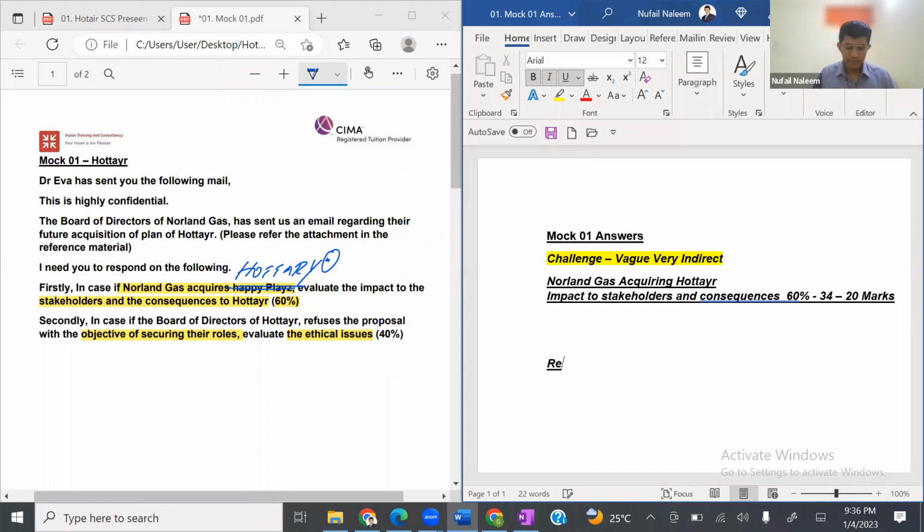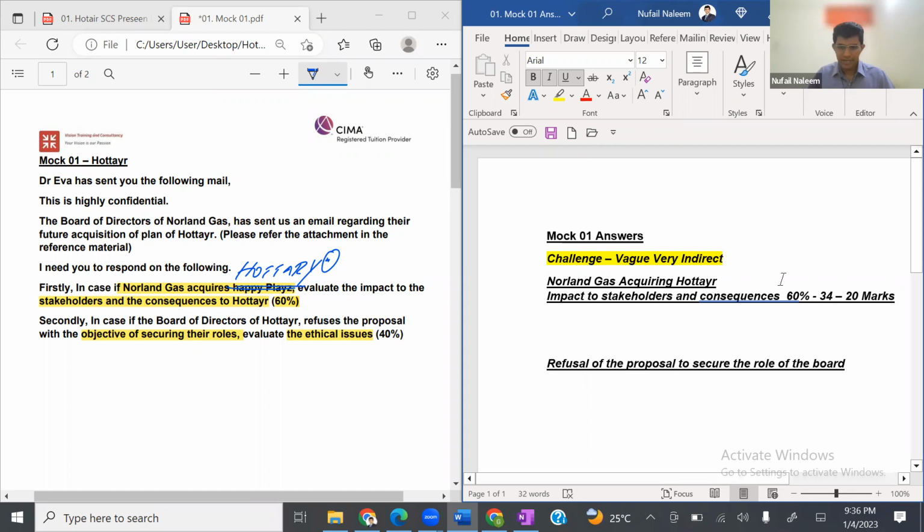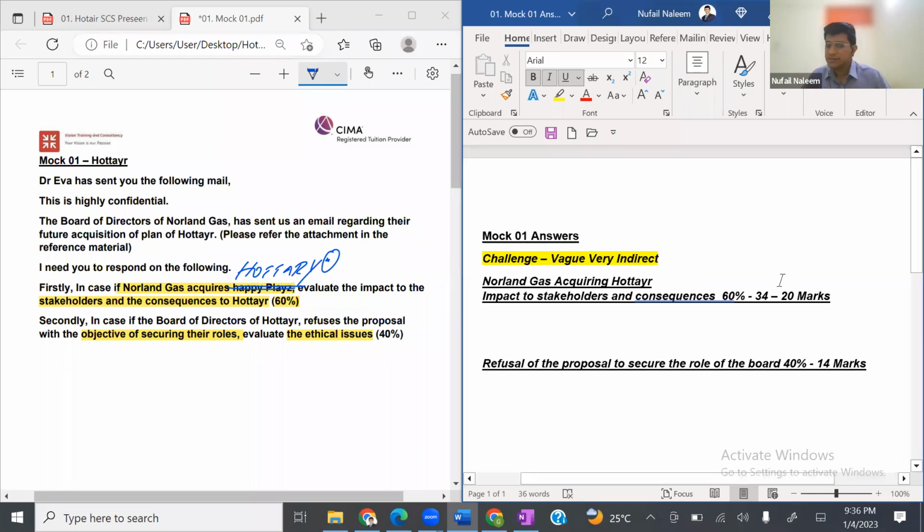So I'll write down here, refusal of the proposal to secure the role of the board. That means they want to secure their jobs. So that is effectively 40 percent, which means indirectly somewhere around 14 marks. Let's make an assumption.